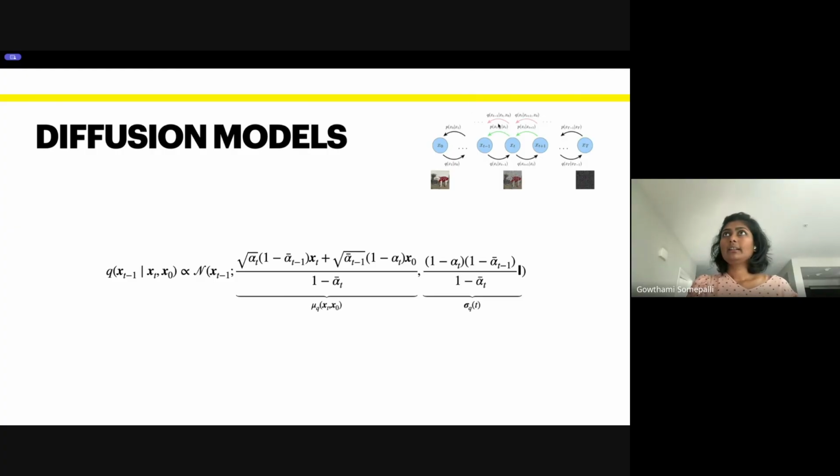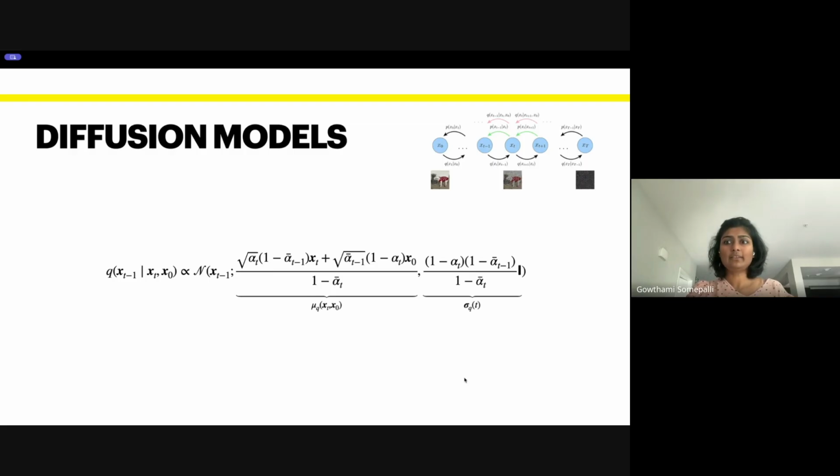If we have a distribution that is this q of xt minus 1, basically this term, and p of xt minus 1 given xt that we are trying to learn, we are trying to bring these two distributions closer to each other. That's what we are trying to do when we are training a diffusion model. Does that make sense?